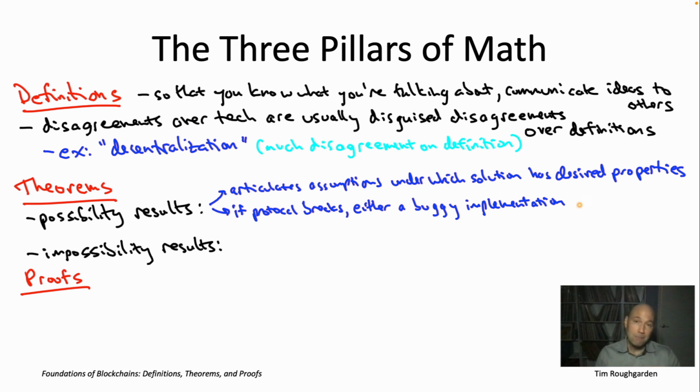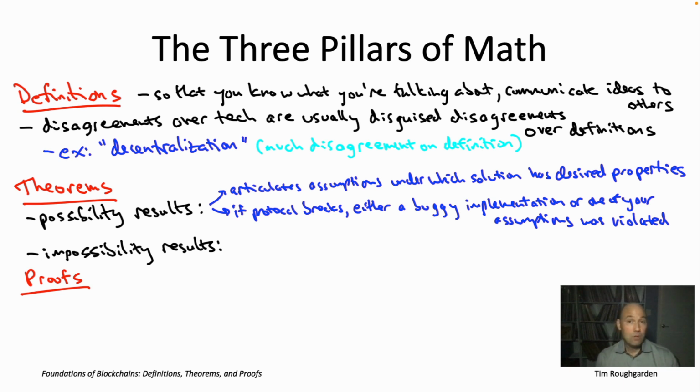But if you have a bug-free implementation, then it must be that one of your assumptions was incorrect. Some of the assumptions you're probably feeling pretty confident in, like the fact that nobody broke cryptography, the fact that nobody was able to forge ECDSA signatures. That seems pretty unlikely. So maybe it was your assumption that less than a third of the nodes were Byzantine.